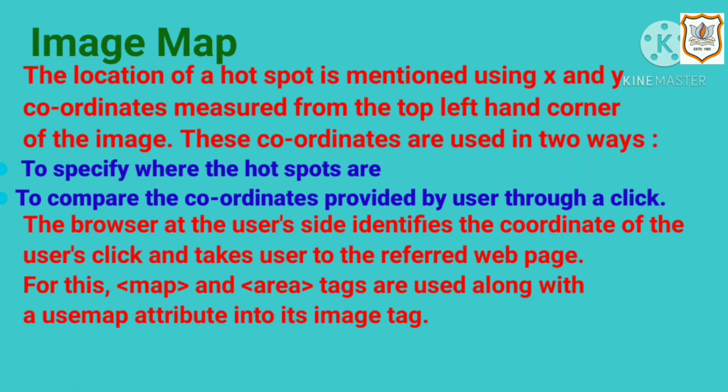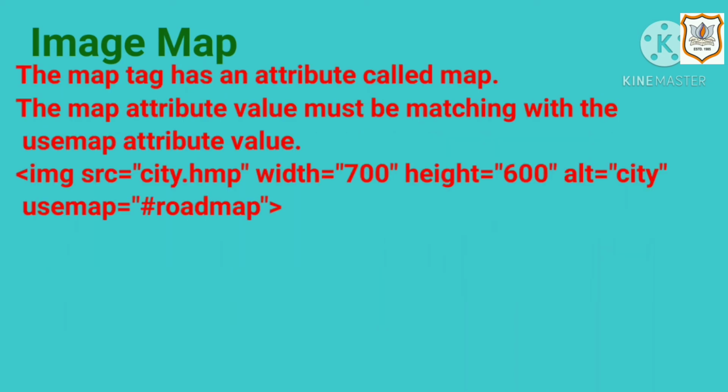The browser at the user side identifies the coordinates of the user's click and takes the user to the referred web page. For this, map and area tags are used along with a usemap attribute in the image tag. The map tag has an attribute called name. The name attribute value must match the usemap attribute value.